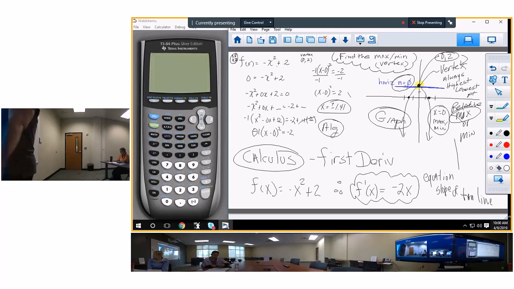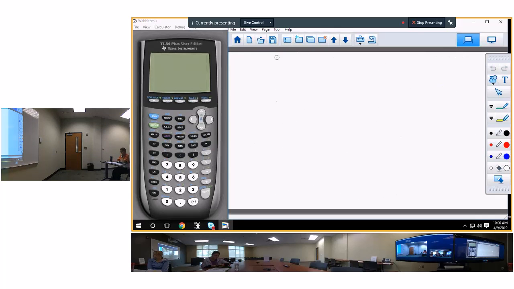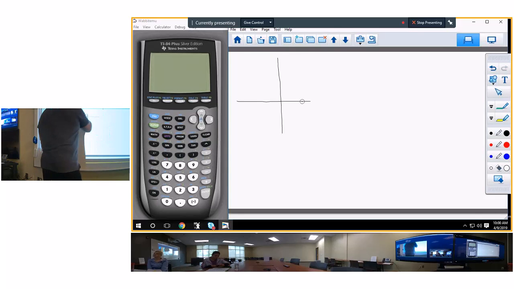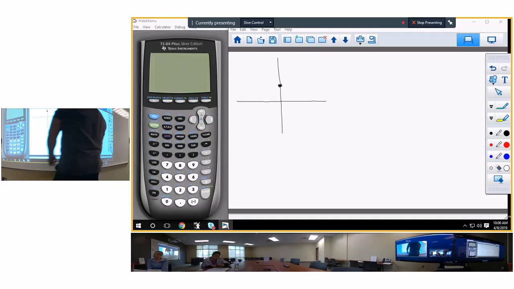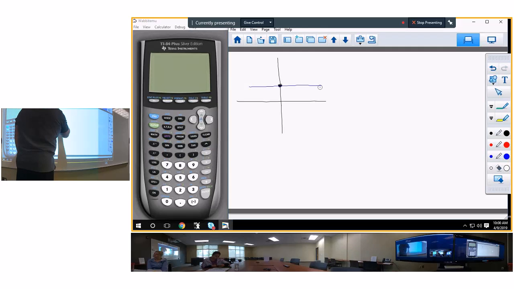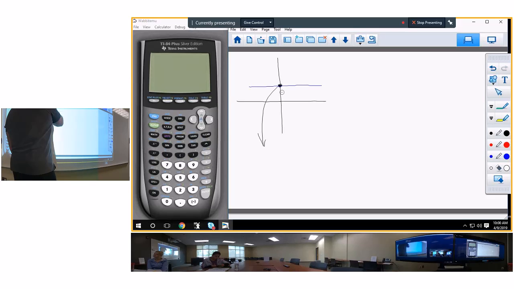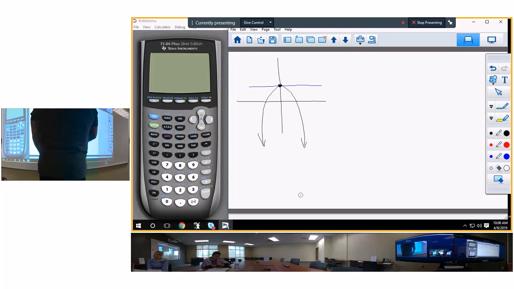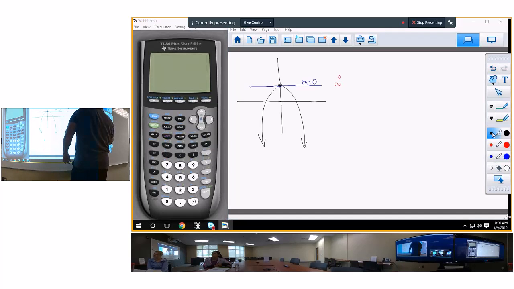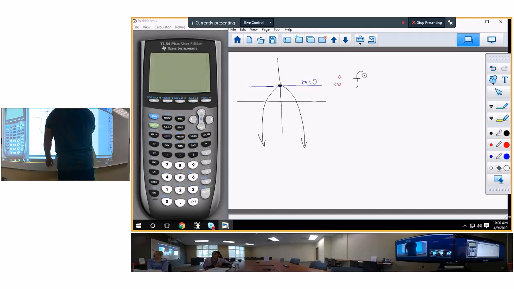So let's look at that. We know that this point right here, we know that the line is like that. We know that this graph is like this. And we know that M is equal to 0. Therefore, f of x is equal to negative x squared plus 2.